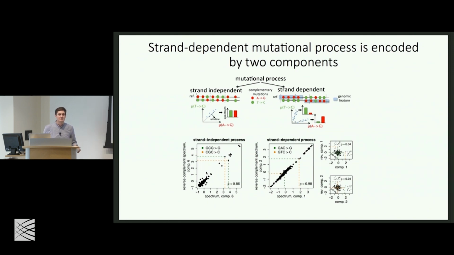Yes, we also see it in cancer, by the way. Vova can comment on that. Yeah, if you look, for example, at the processes that have very strong transcriptional asymmetry, like UV light induced mutations or the smoking signature, they have a tiny bit, but very consistent, rate of replicational asymmetry.